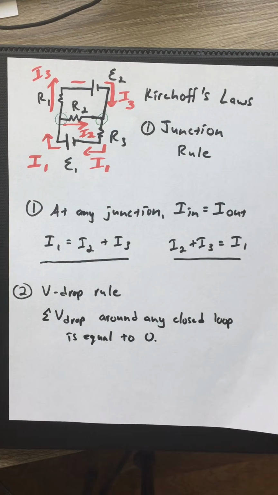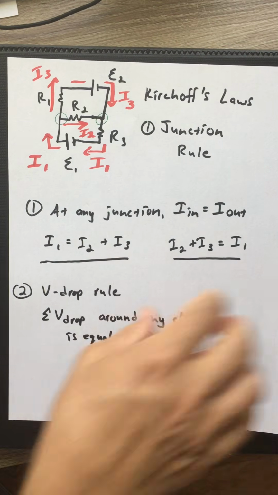Okay? And you might go, wait a second, if I'm going to sum up anything, if I'm going to add a bunch of stuff together and get 0, then either all of that stuff is 0 or I've got some positive and negative values in there. That's the only way I can do that. And we've already seen that voltage drops are not going to be 0 across the resistor. So we're going to need to look at some sign conventions to handle this.